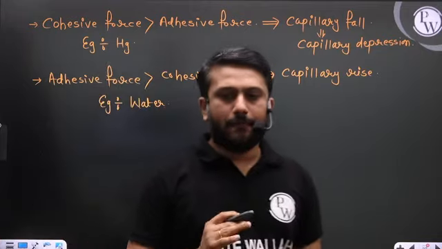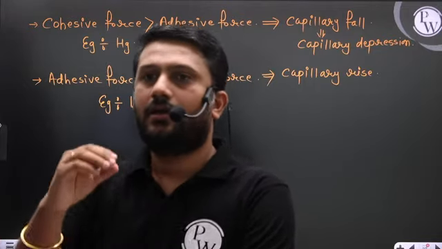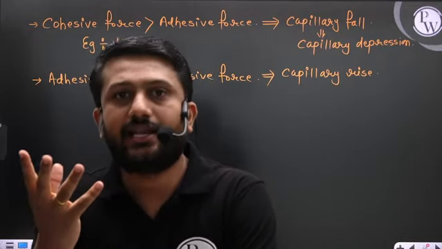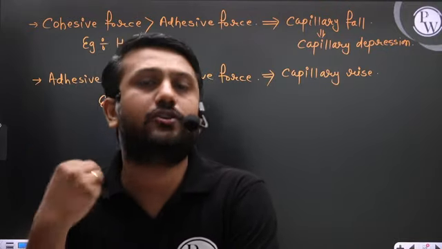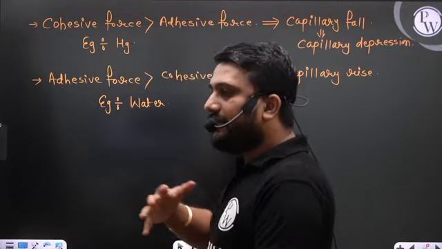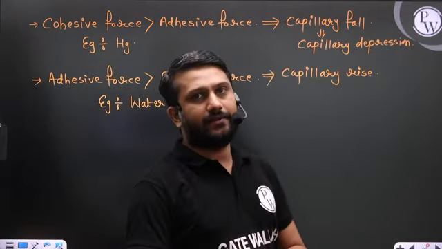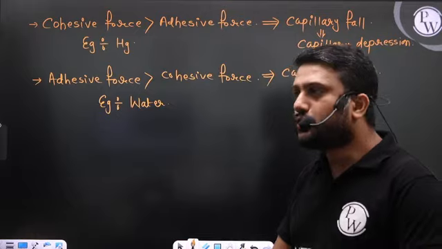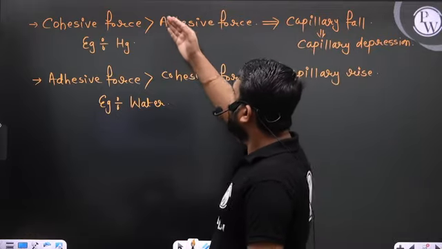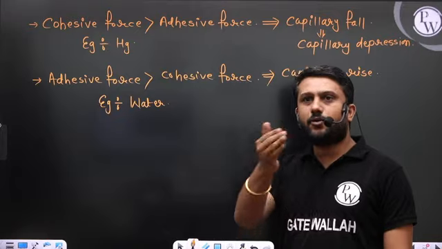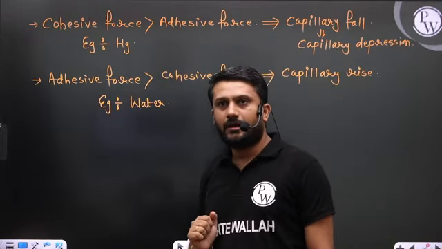Now, tell me which liquid has the wettability property and which has the non-wettability property, because the wettability and non-wettability properties of a liquid also depend on the cohesive force and the adhesive force. It is simple.